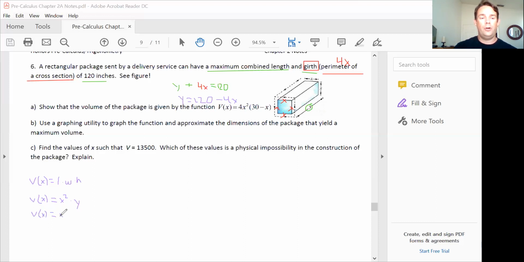So x squared times 120 minus 4x. Sorry about that. Well, that's not quite what they wanted. They wanted this. So let's factor a little bit and see if we can get that.